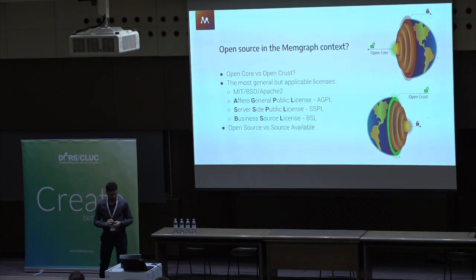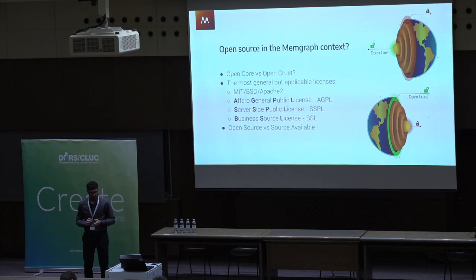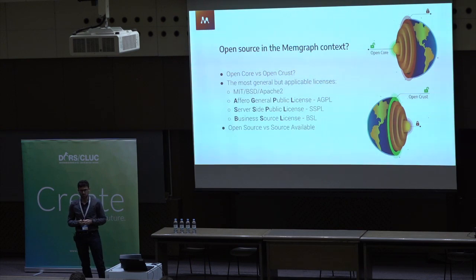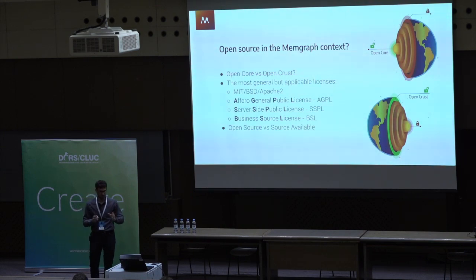Anyway, and then the last thing is open source versus source available. There are many different opinions about what is what. Usually, when it comes to open source, there is a standardization body called OSI, and they define what is open source and what's not. There is a very strict set of rules and guidelines for when software is open source.